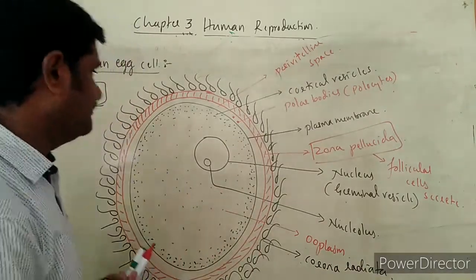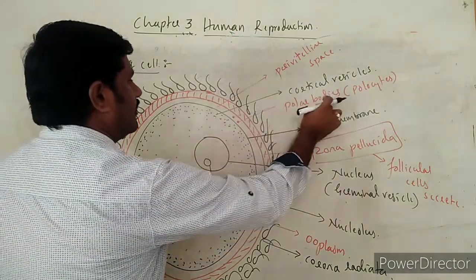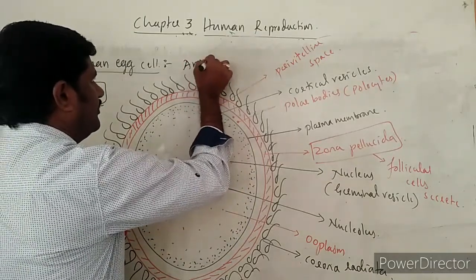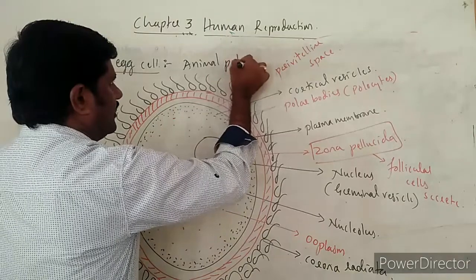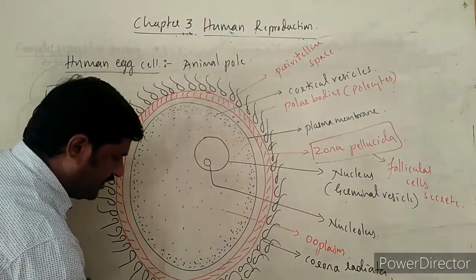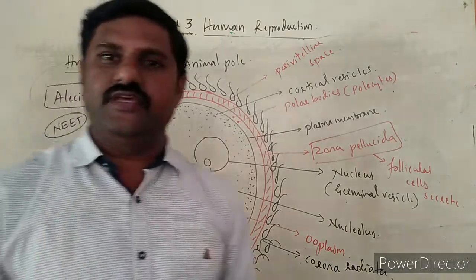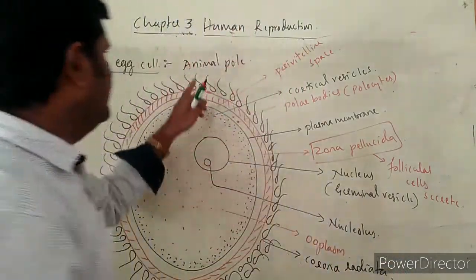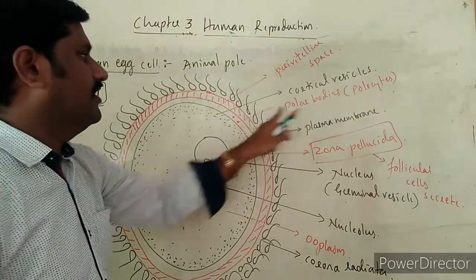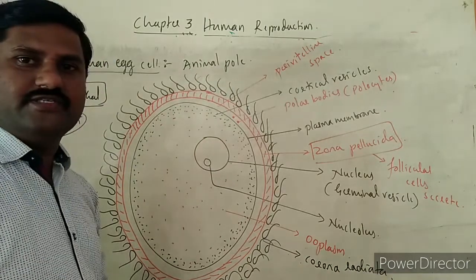This is one point. The region or pole towards which the polar bodies are located is called the animal pole, and the opposite pole is called the vegetal pole.